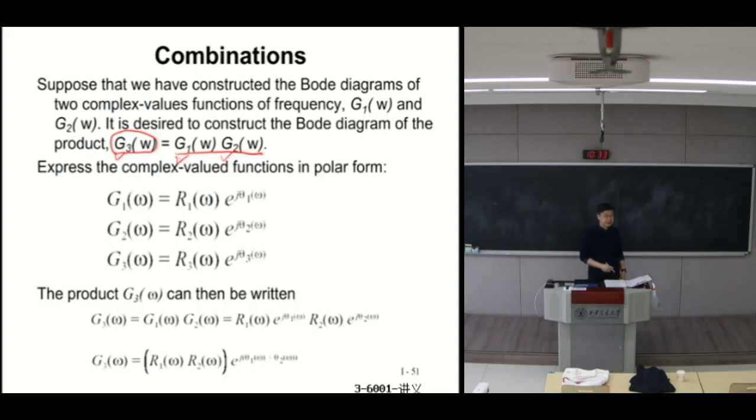That's one direction: once we know the Bode plots of these single ones, how do we get the combined Bode plot? And there is also another direction of issue.